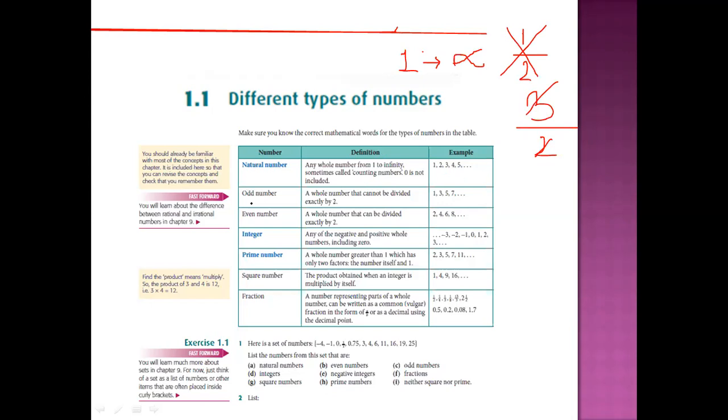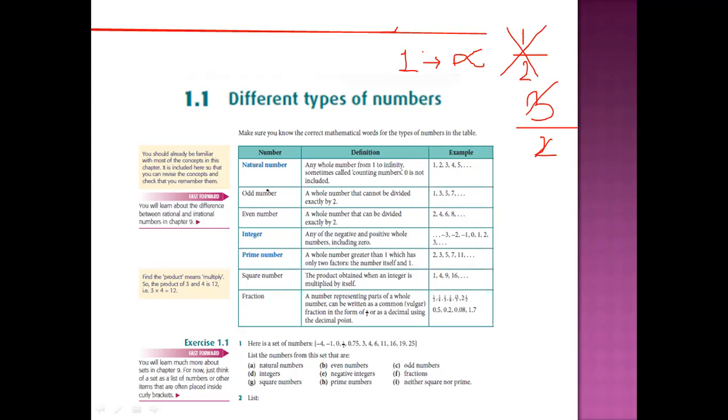The second type of number is the odd number, a whole number that cannot be divided exactly by 2. As you see, the first is 1, the second 3, 5, 7, also whole numbers, and these are positive odd numbers.